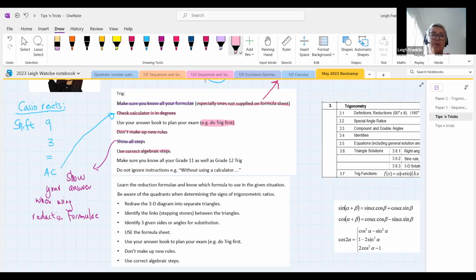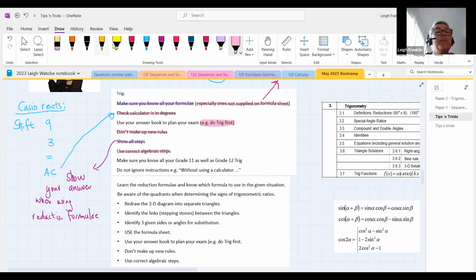Make sure that you factorize correctly. Treat sine theta and cos theta like they are variables. So if you have sine theta cos theta plus sine theta cos theta, it's like having xy plus xy. That would give you 2xy if you added them together. So if you've got sine theta cos theta plus sine theta cos theta, you've got 2 sine theta cos theta. Right, so your algebra always relates back to what you know.